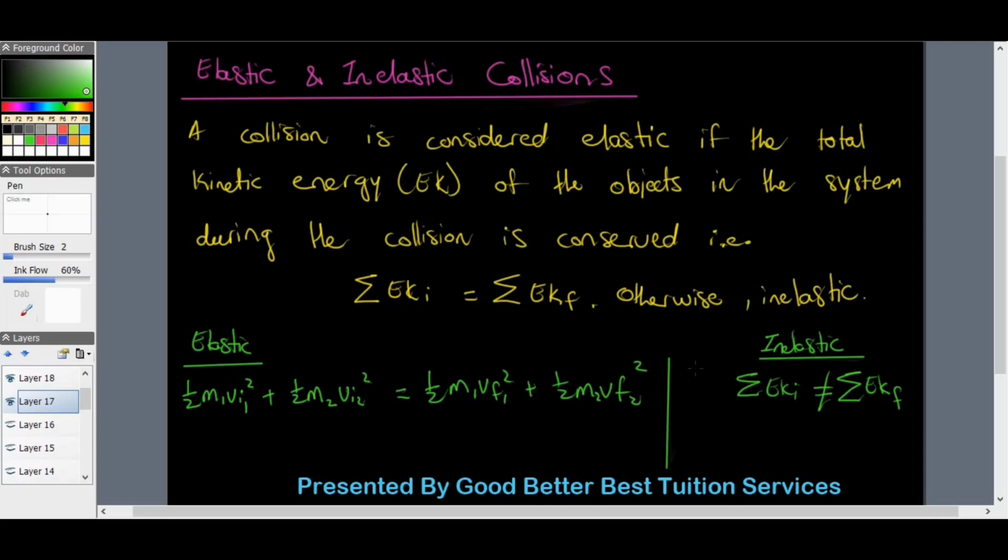The collisions between snooker balls are almost elastic, and balls that bounce very high also have an almost elastic collision with the ground. Like those bouncy balls, they have a super bouncing ability because of the properties of the ball itself that allow it to bounce that high. For example, higher than a tennis ball, higher than a basketball, higher than any other type of ball that can bounce. So those two would be examples of almost elastic collisions.